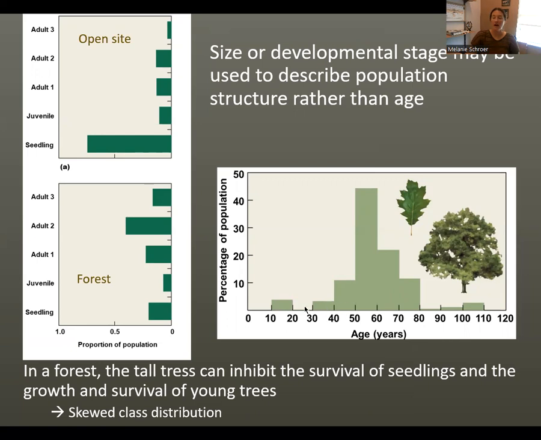And so we can talk about this population structure in terms of the distribution through these age classes. Right? In general, in the forest, these taller trees inhibit the seedlings, and therefore this is a skewed distribution. And so mostly these older age trees, as opposed to here in the open site, where it would be skewed in the opposite direction.